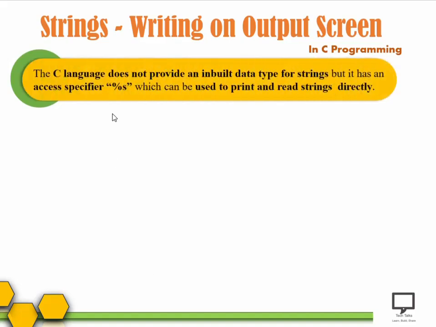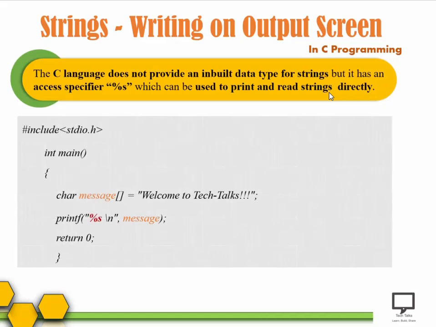As we have seen, the access specifier %s was used in the previous example, and the same is used to print and read strings directly from a user. Now, the name of my string is message. Character is its data type because it is a string, and I am initializing the string with the value welcome to Tech Talks.